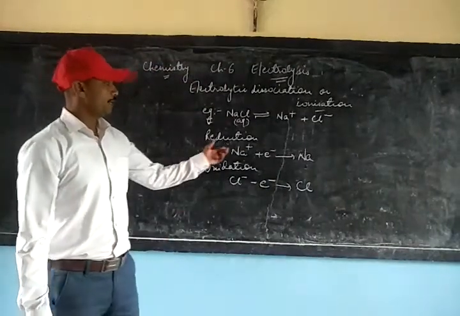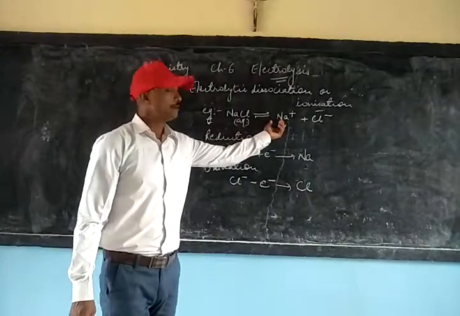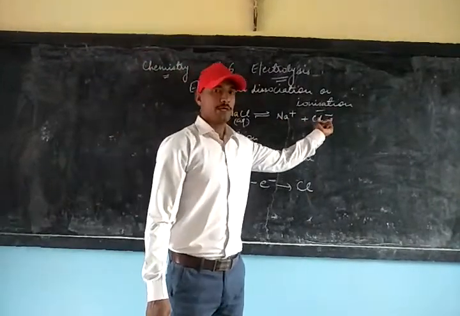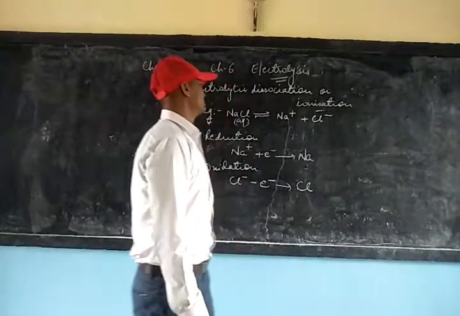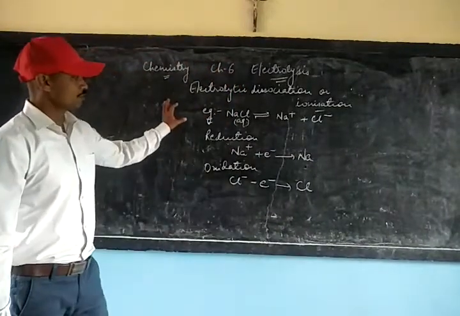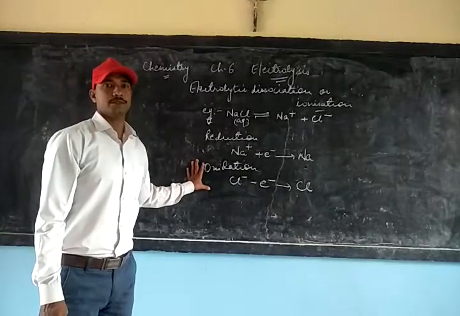So here Na plus, as you know, is a cation. Chloride ion, which has a minus charge, is called an anion. This is the process of reduction and oxidation.